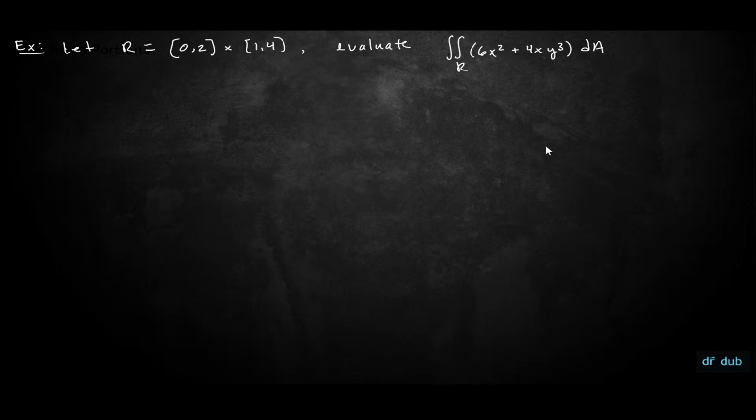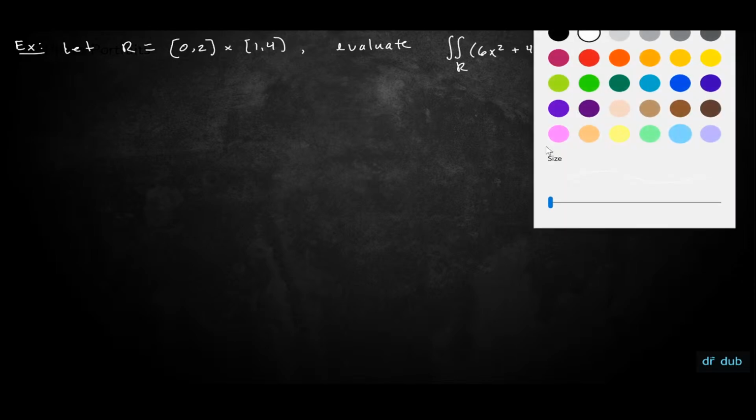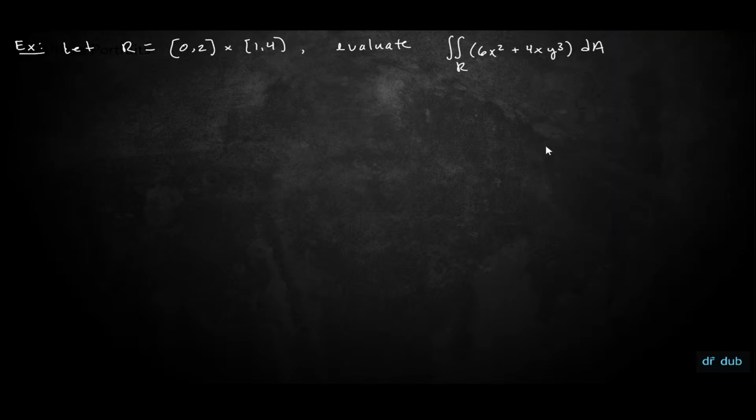So let's evaluate this double integral as an iterated integral. We can pick either variable to integrate first. Fubini's theorem tells us that we can choose to do either x first or y first.